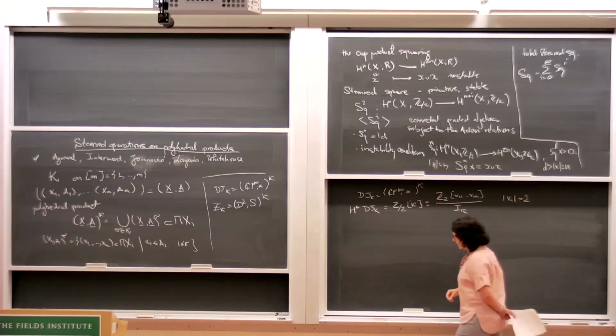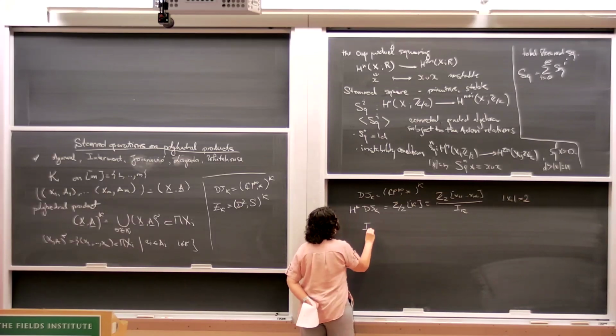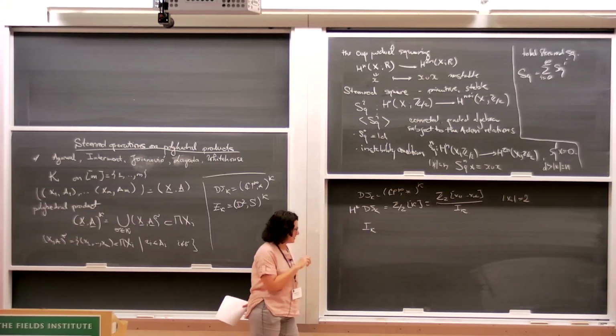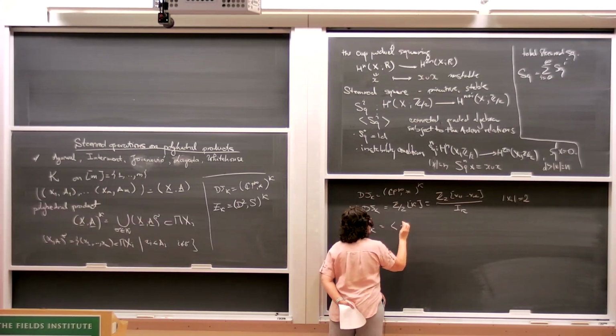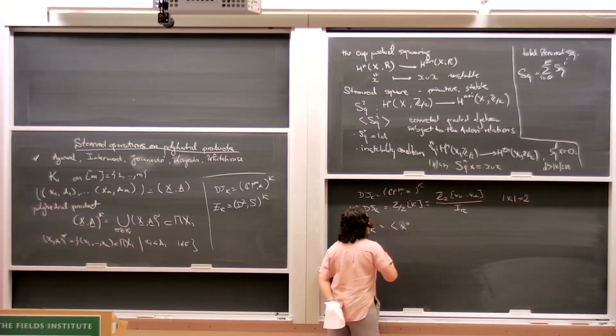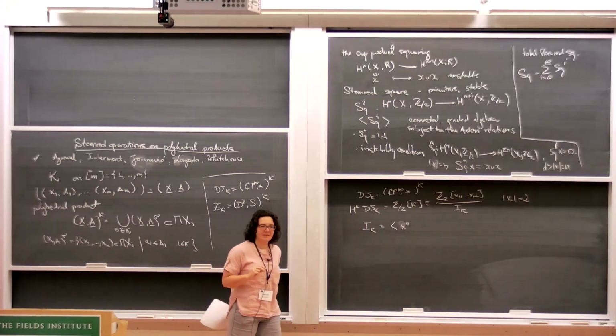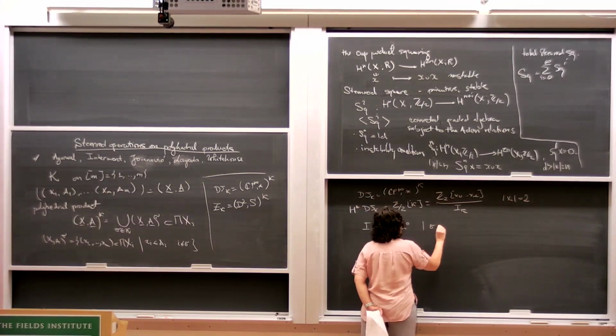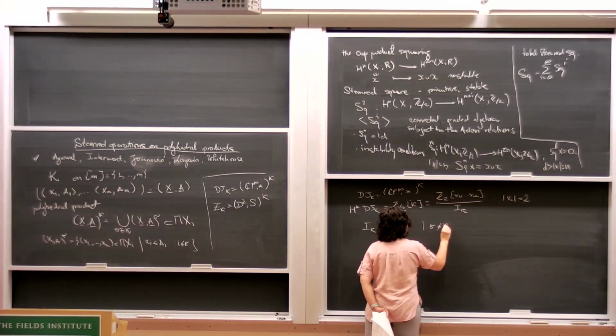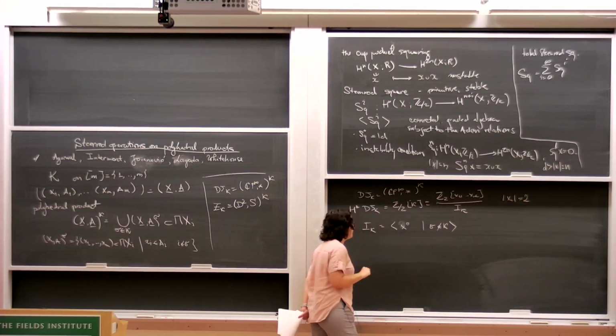And now let me just recall that the Stanley-Reisner ideal is the ideal generated by the square-free monomials labeled by sigma, where sigma is not a face of K. Okay.